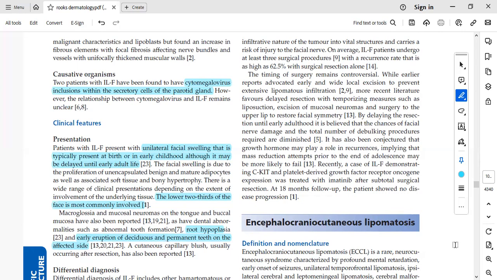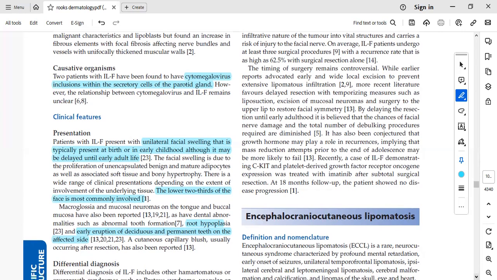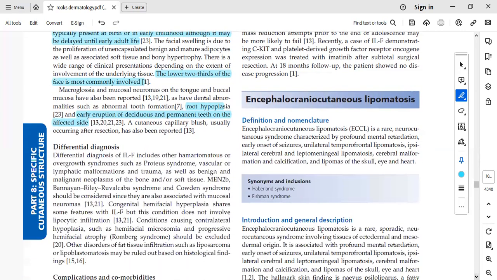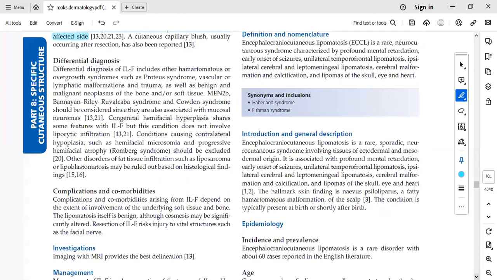Now the differential diagnosis of this disease includes other hamartomatous or overgrowth syndromes like Proteus syndrome, vascular or lymphatic malformations and trauma, as well as benign and malignant neoplasms of the bone or soft tissue, Bannayan-Riley-Ruvalcaba syndrome and Cowden syndrome.